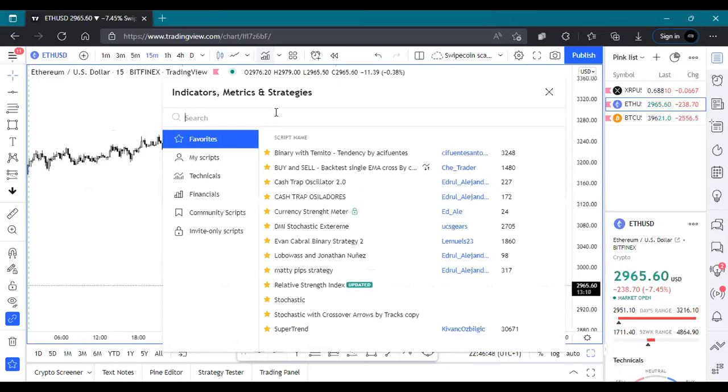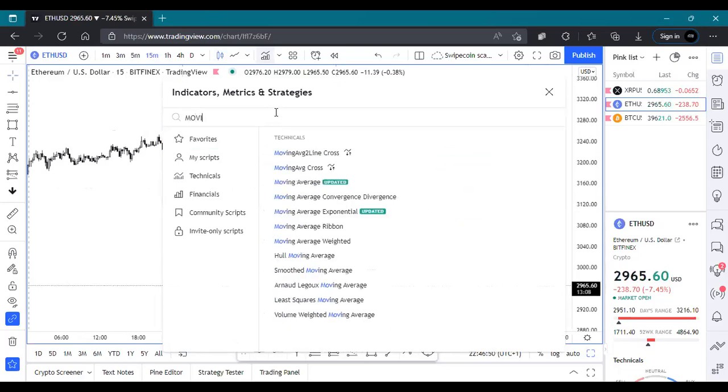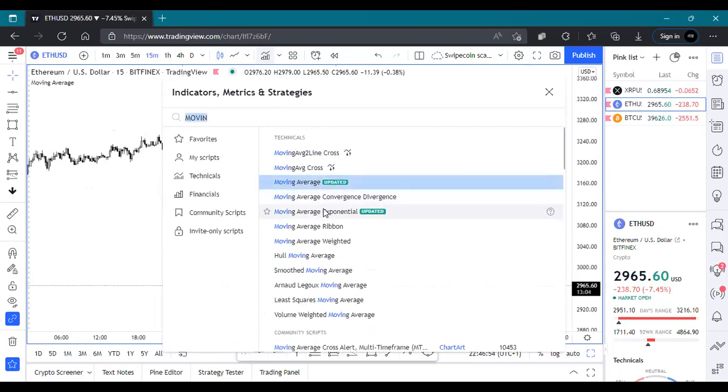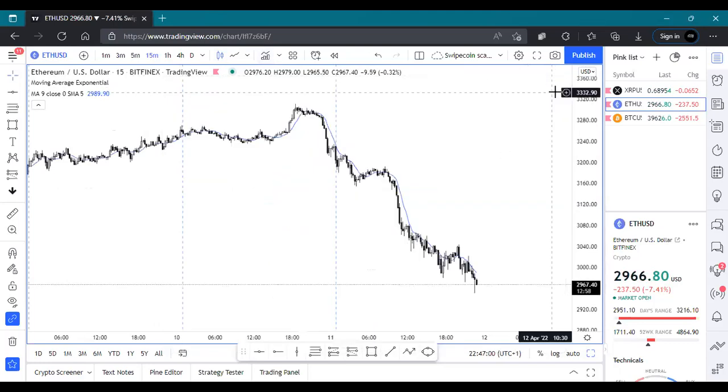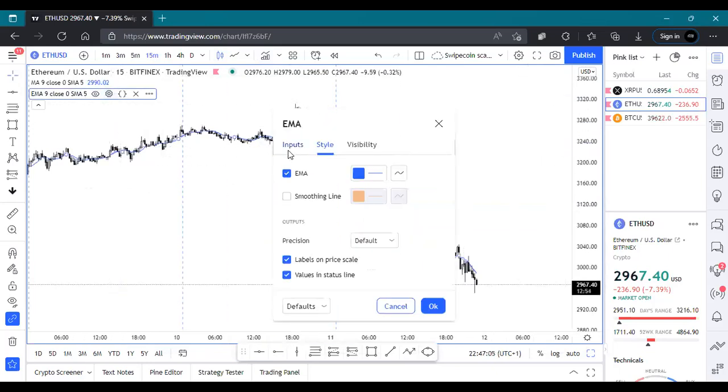I was using the moving average 4, and I was using the exponential moving average 50, right? So I was using these two, and I'm going to show you how I was able to make it better. So look at this.